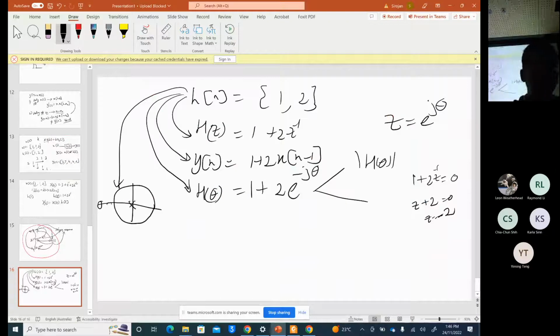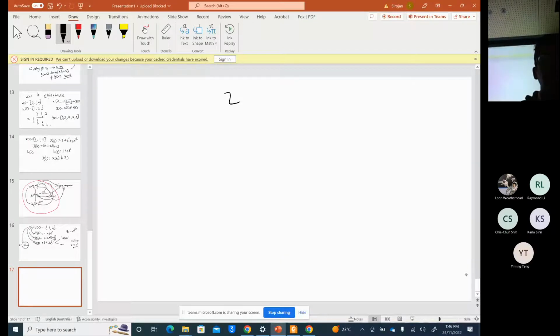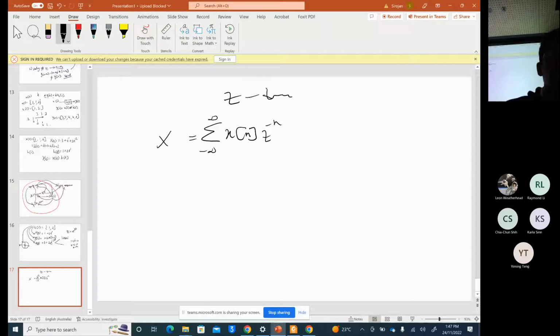If you have to find it from the first principle, the Z transform of x[n] is the sum of x[n] z to the minus n for all n from minus infinity to plus infinity. So that is from the first principle, but you don't have to.